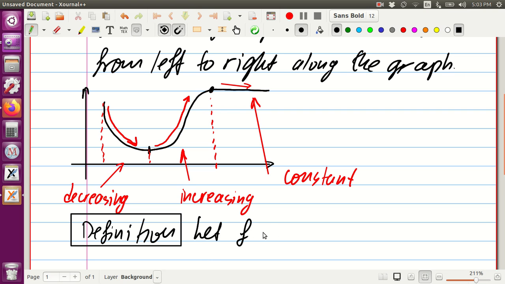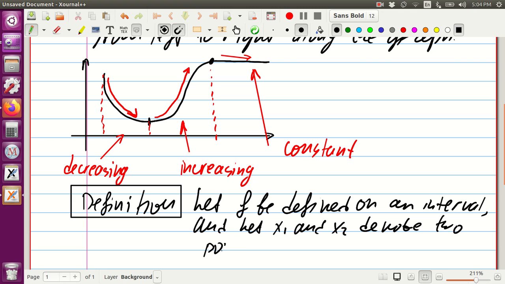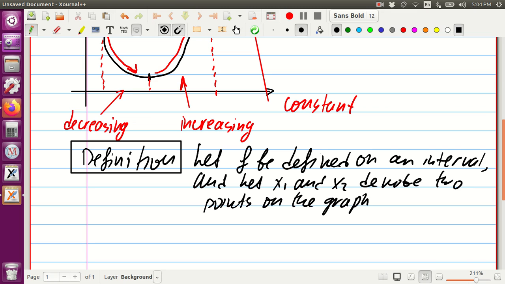So let f be defined on an interval, and let x sub 1 and x sub 2 denote 2 points on the graph. These 2 points are in the interval.